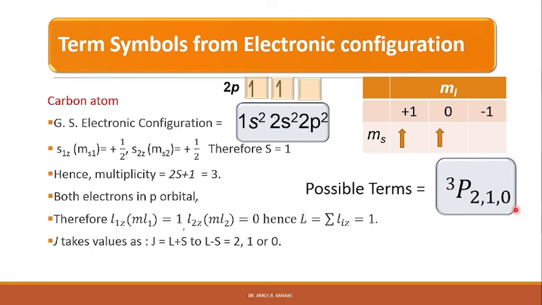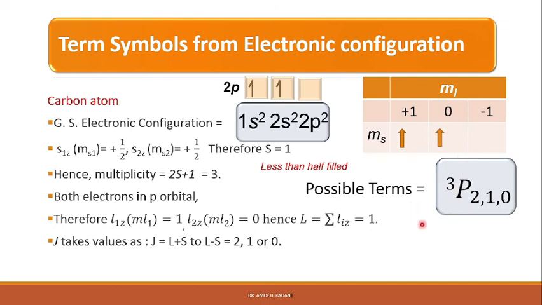That means whether this state is more than half filled, less than half filled, or half filled. Here it is less than half filled, so we have to take the lowest value of J, that means modulus of L minus S, that is 0.